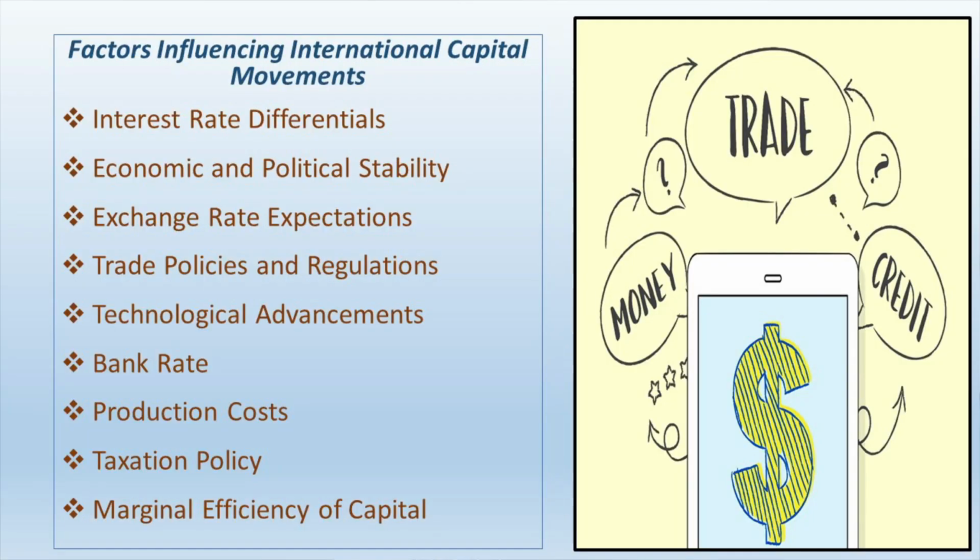Now, another important factor of international capital movement is trade policies and regulation. Usually, if you see the literature, liberal trade policies and reduced capital controls encourage international capital flows. And the reverse is the case when lots of restrictions are put in place by the administration.